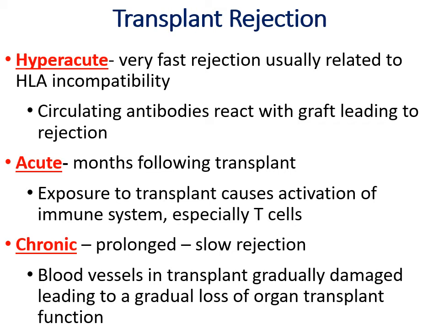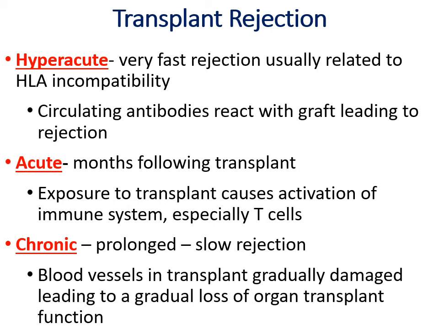And finally, chronic, which is a very slow, progressive rejection. And that's typically the blood vessels in the transplanted tissue getting damaged, leading to gradual loss of organ function.